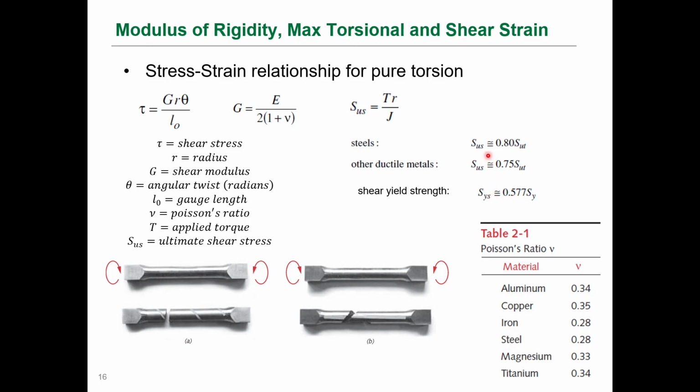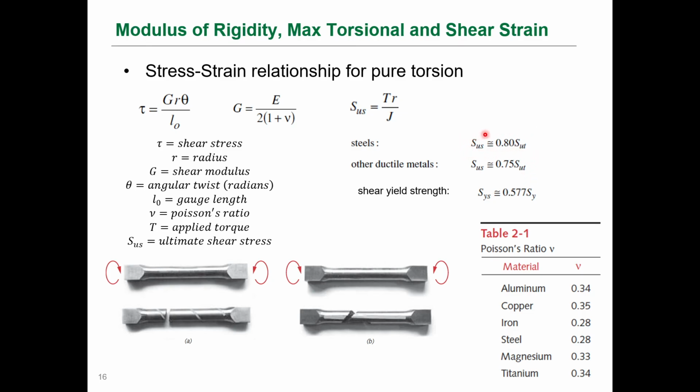But for now, the point is that our ultimate shear strength and our yield shear strength can be approximated from the tensile test data for steels and other ductile materials with a good ballpark number. Obviously, in your design, if you're designing all the way to your strength limits, then you're going to have to do a lot more work to make sure that your design is safe.